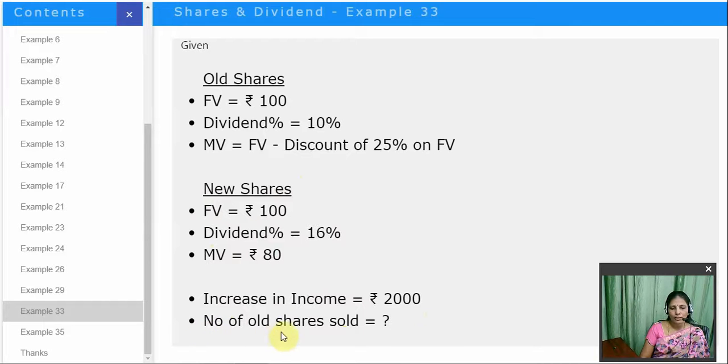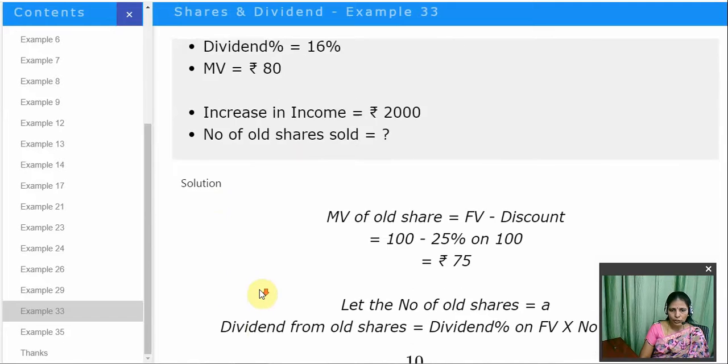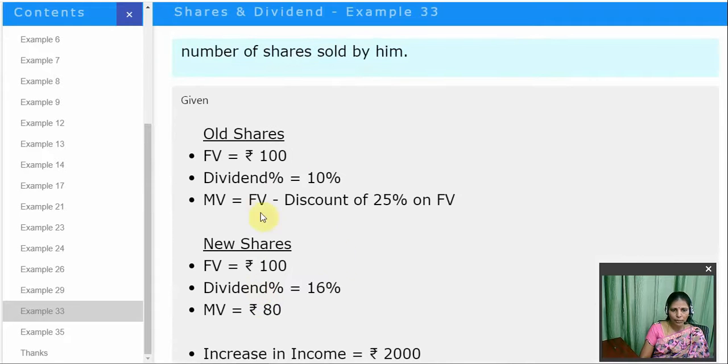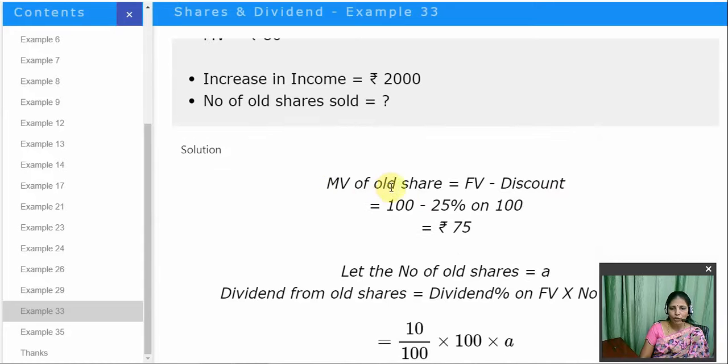What is his old shares? How many shares he sold? That was the question. Now we will come to the solution part. First I found what is the market value here. He has sold at a discount, right? So market value of old share is equal to face value minus discount.